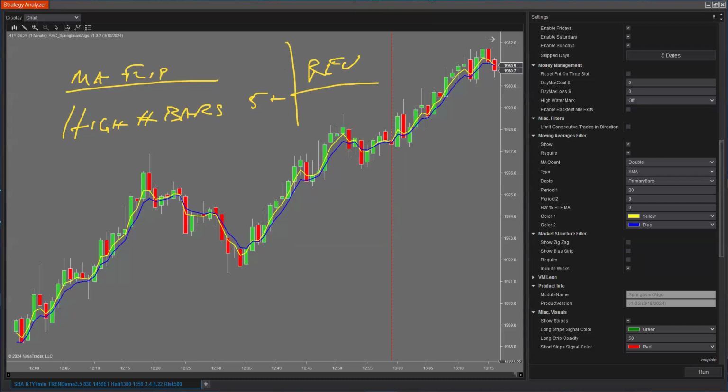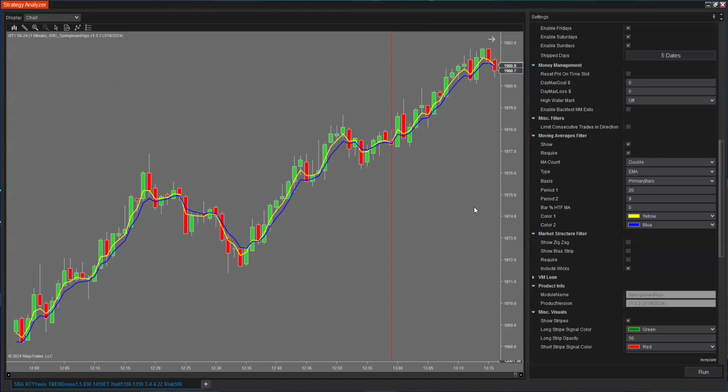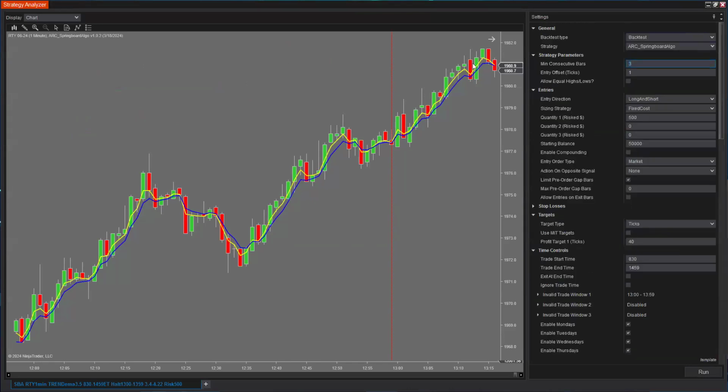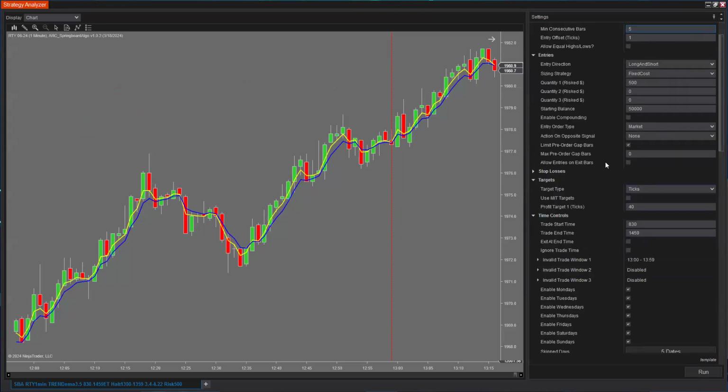Cool. So just another thought, something I definitely wanted to cover on the moving average. I don't expect anything good to come out of it, but we can even look at it. Let's look at it 5. We'll just run a quick test for a few days so we can get an example of what that looks like. I'm not going to do any invalidations. And by the way, you can do the same thing with momentum cross on the histos. Yes.